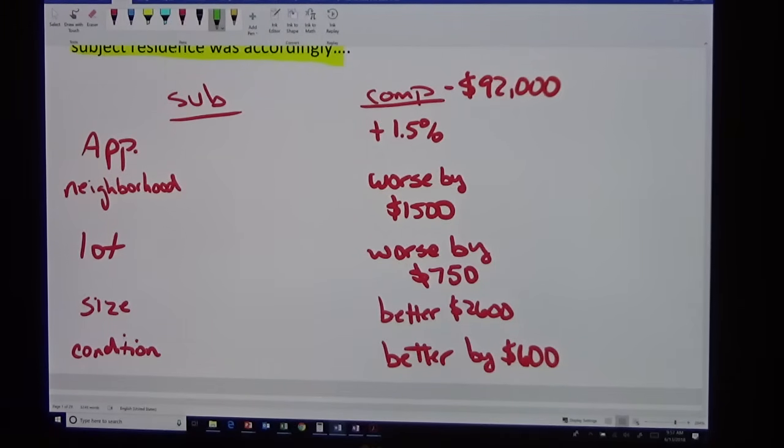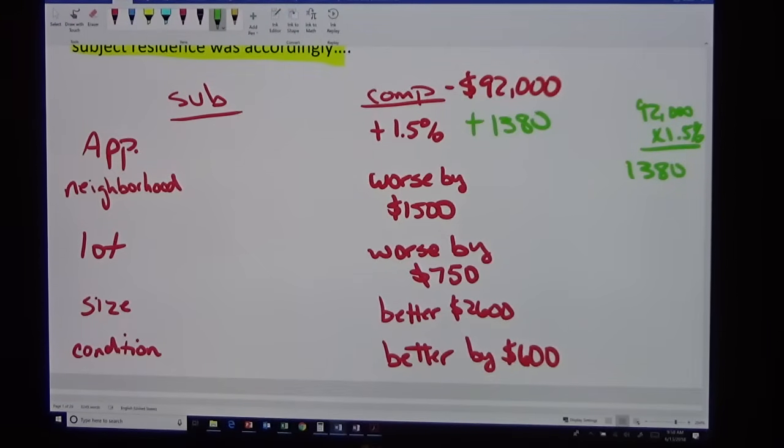So when we're talking about appreciation, it's $92,000 times 1.5%. And when we do that math, that's $1,380. So this is going to be plus $1,380 for our appreciation adjustment.